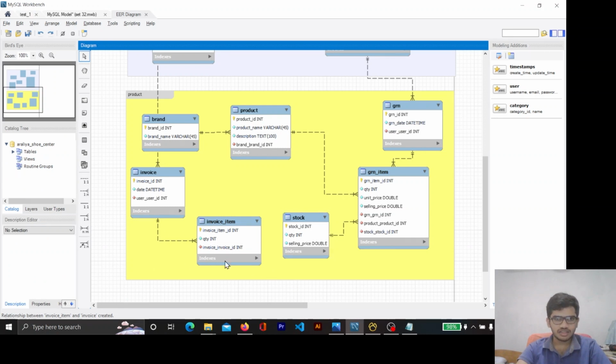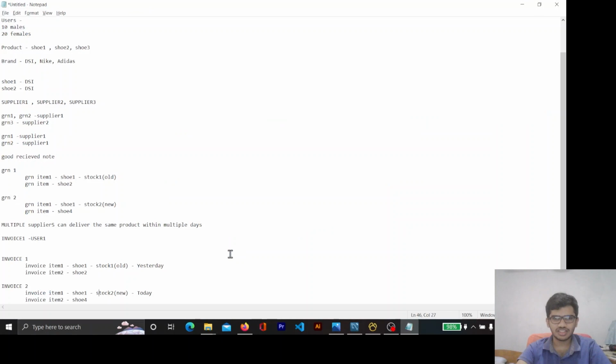So to do that, from the item side, an invoice item must include only one stock, but one stock could have up to many invoice items. So suppose this is from a different shoe, right?